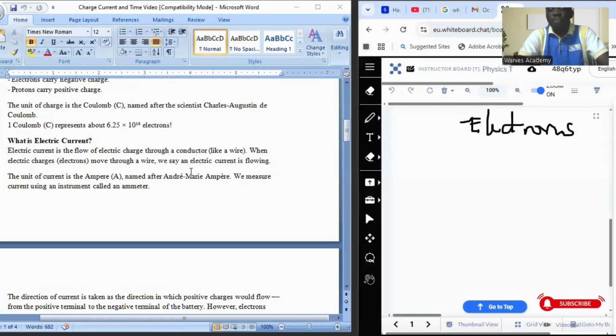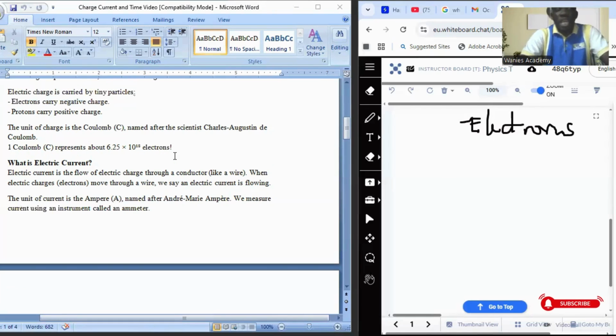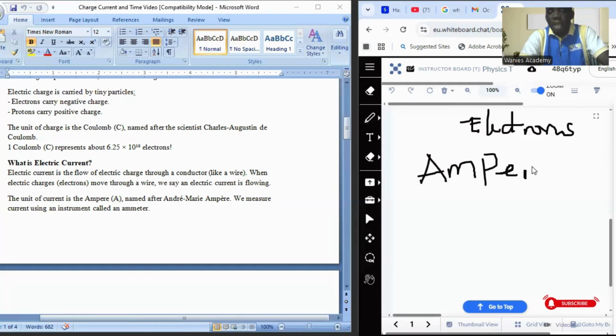The unit is the ampere, named after the scientist who worked tirelessly to discover this movement of charge known as current. That is why whenever you're solving a problem and you are meant to calculate the current, you use A.